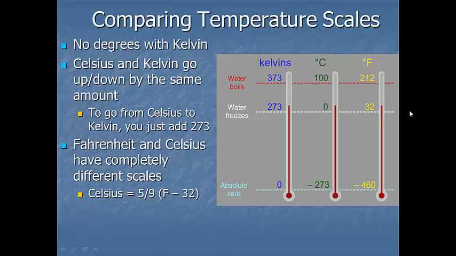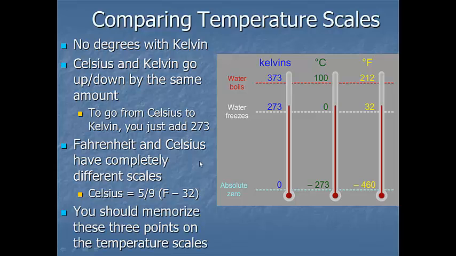So if you go up by 100 degrees on the Fahrenheit scale, you'll be going up by a lesser amount on the Celsius scale. So Celsius, if you want to know the formula, is 5/9 times the degrees in Fahrenheit minus 32. We're going to be working more with temperature conversions later on. And again, just a reminder, you should memorize these 3 points on the temperature scales.